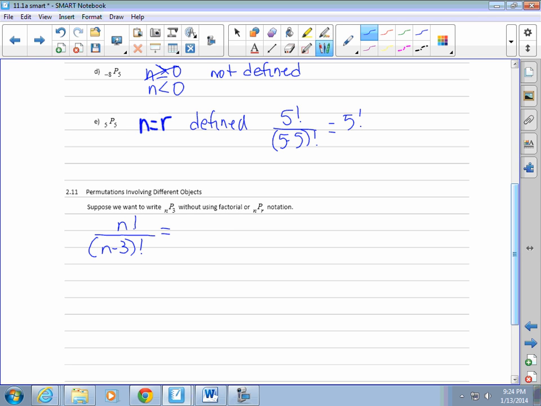To write this out without factorial or permutation notation, what we need to do is get rid of the denominator. In order to do that, we have to expand it first.